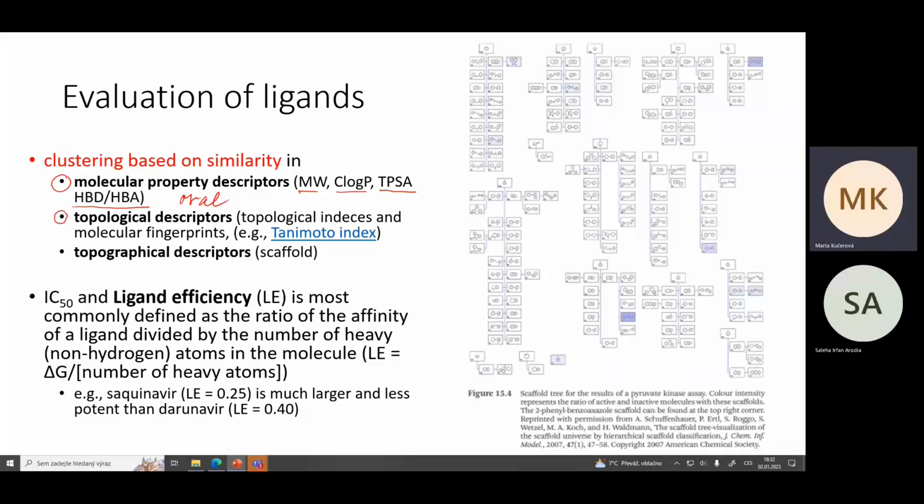And you can see on the right side of the slide a scaffold clustering of a set of compounds.